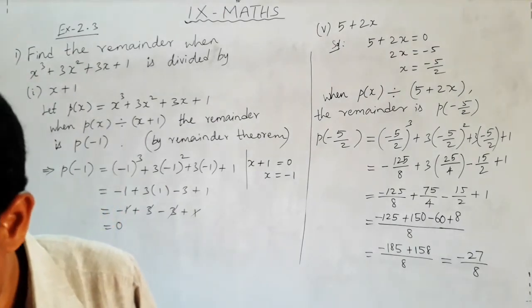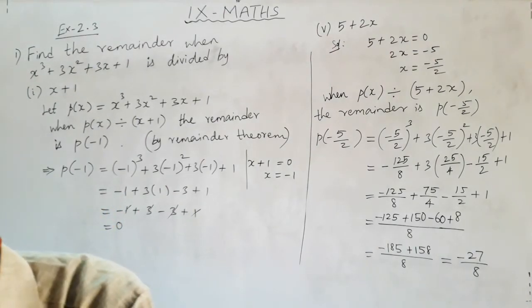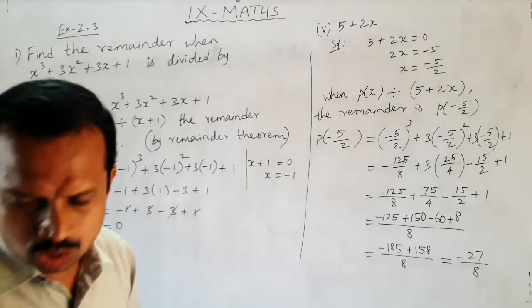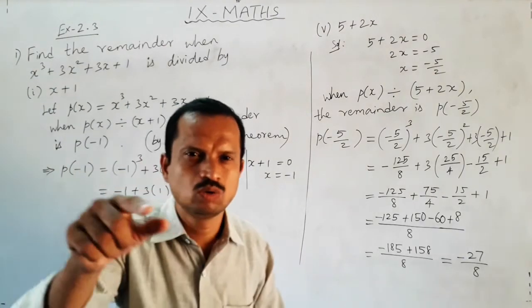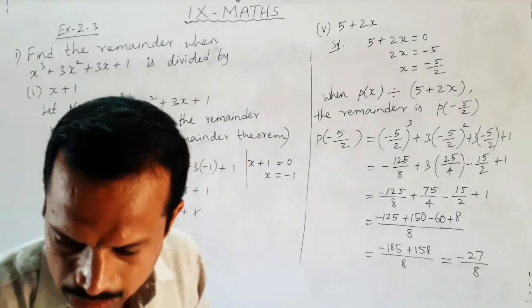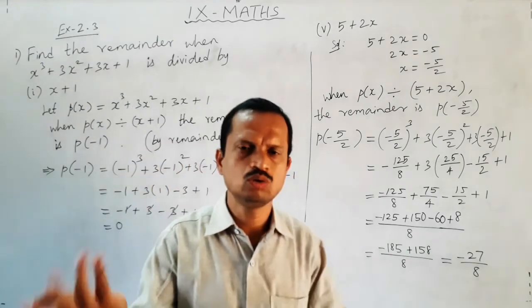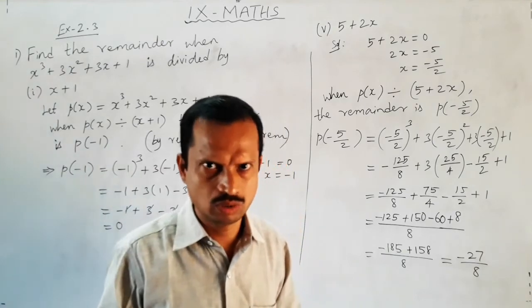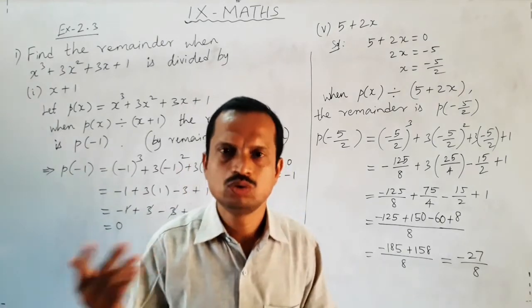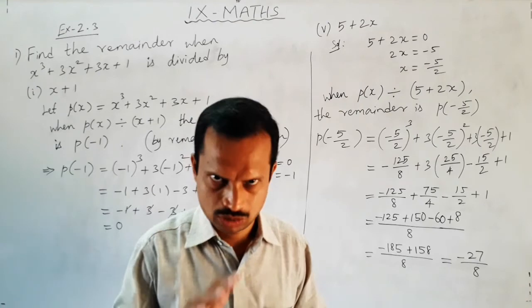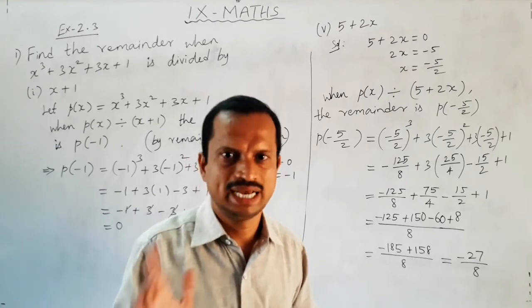There are options I will just say. You see, x minus 2 is the option 2. So x equal to 1 by 2 you will get. And then option 3 is x. So x means x equal to 0. That only you are going to do. So x equal to 0. So p of 0. We have to substitute 0 for x.